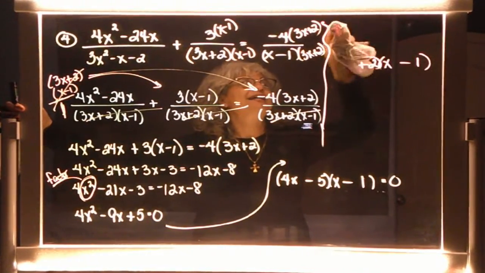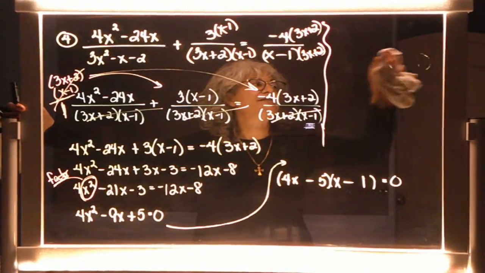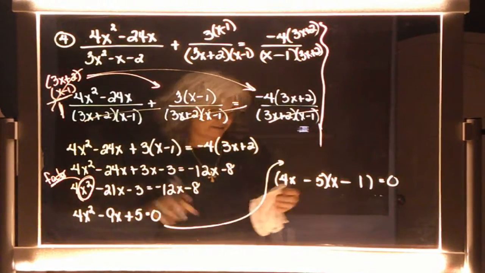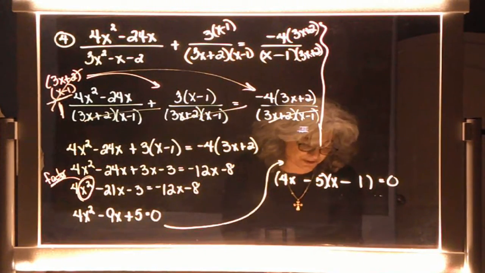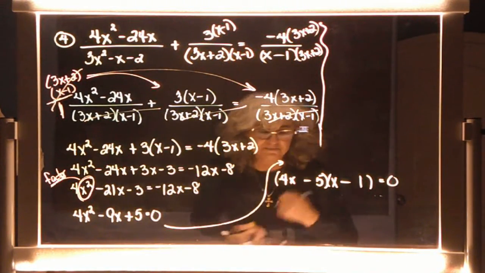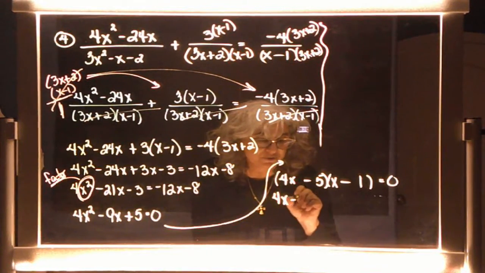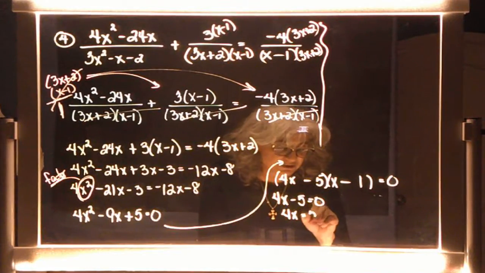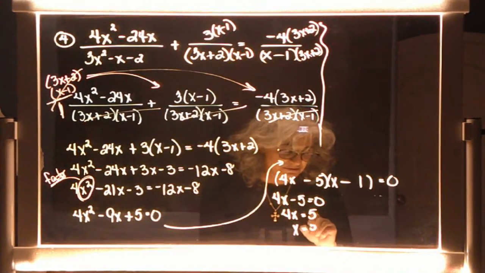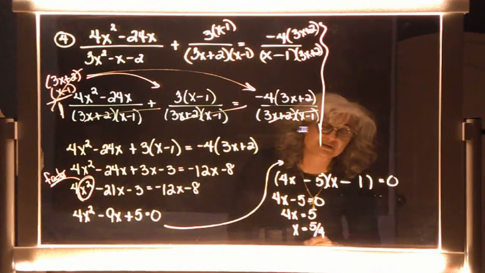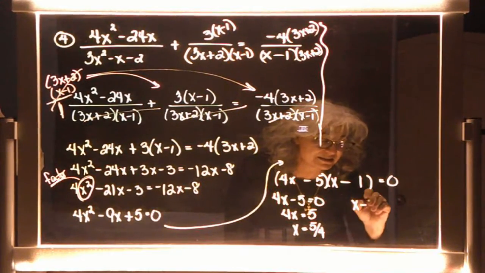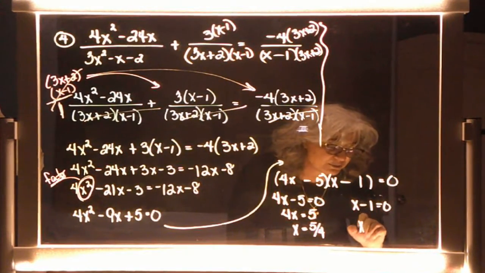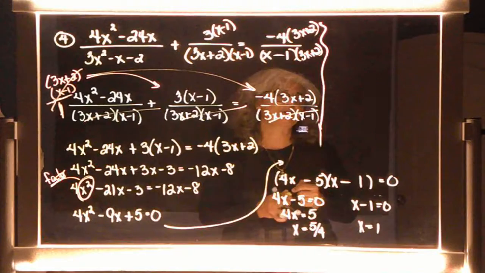Good, we have to take each one of those parentheses and set them equal to 0, don't we? All right. So 4x minus 5 equals 0. Move the 5 over, divide by 4. We get one answer of x equals 5/4. Set the second parenthesis equal to 0. We get a second answer of x equals 1, don't we?